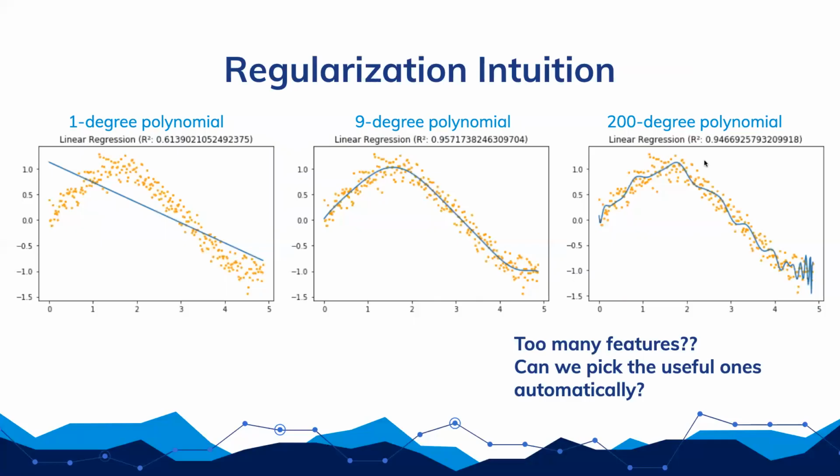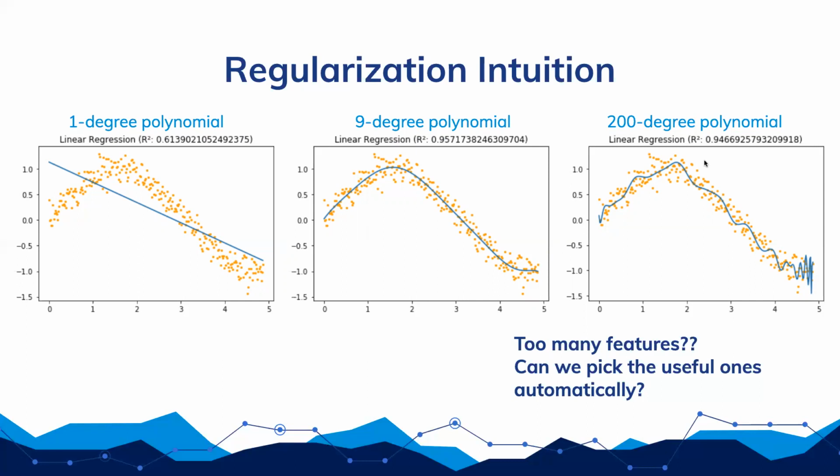Okay, so here's another set of linear regressions to give you an intuition. Let's say we're trying to train a linear regression model to fit this orange curve. We see that it's a curve. We think, okay, we probably need something polynomial to capture that, but we're not sure what degree polynomial is the best.